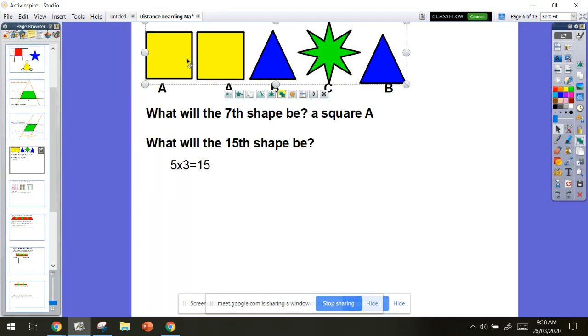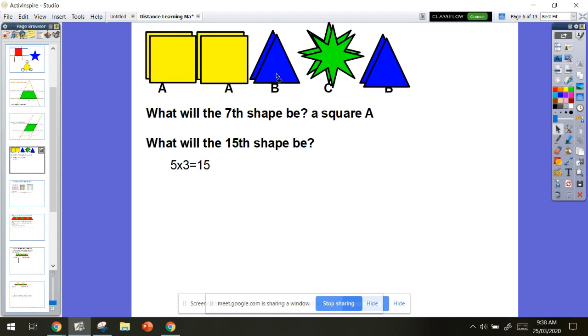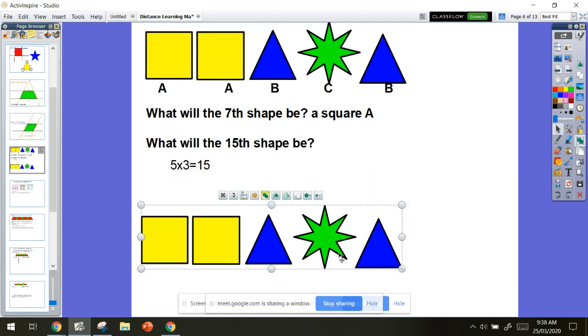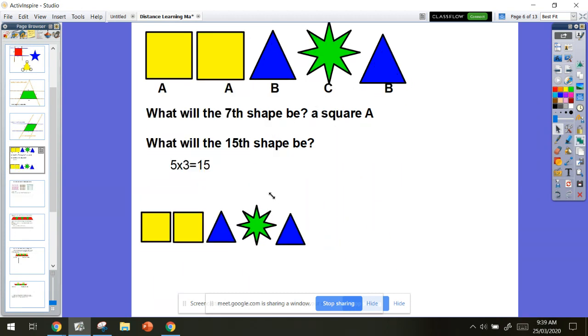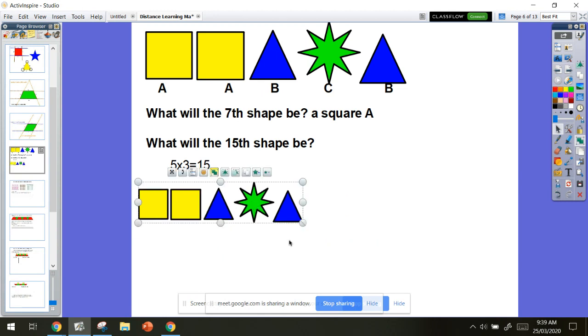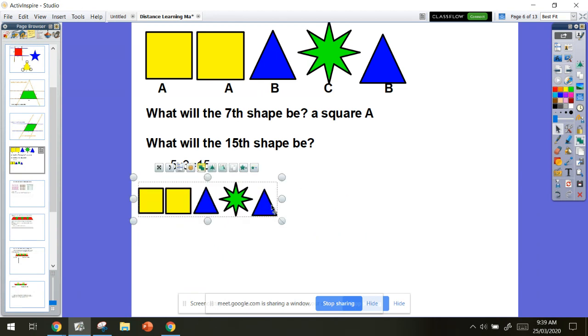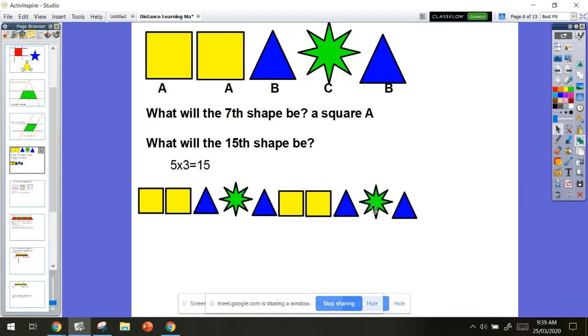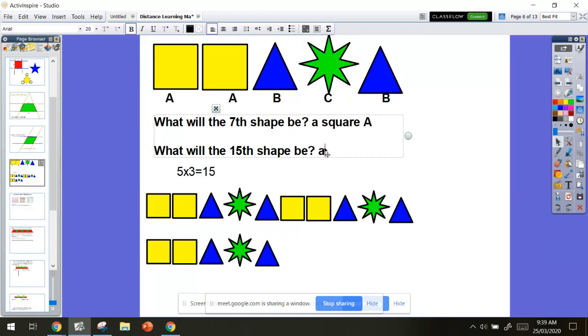You make 3 of the A, A, B, C, B. Excellent. I make 3 sets. So 1, 2, 3. So what's my 15th shape? B. A triangle or B.